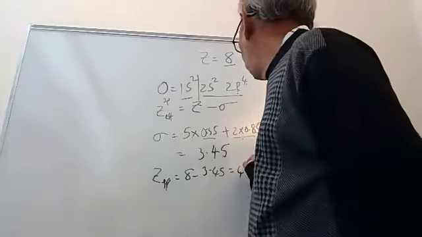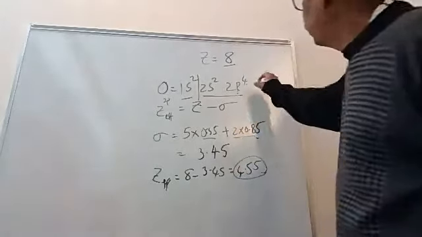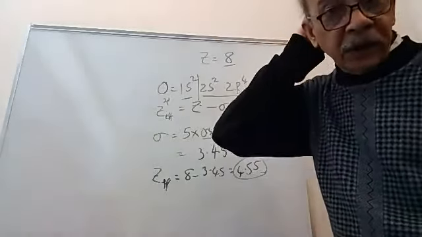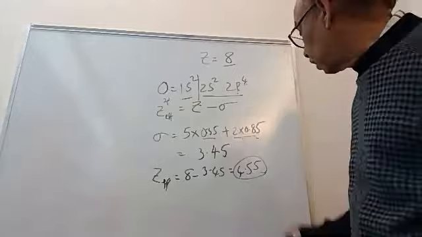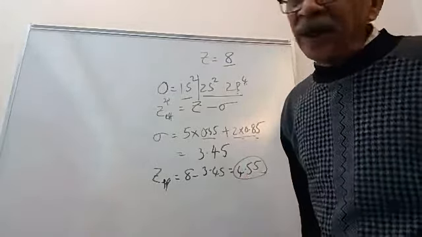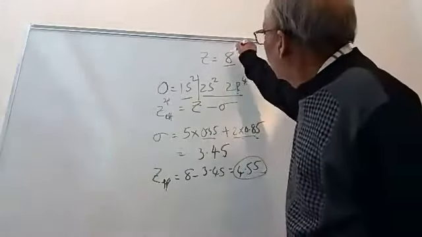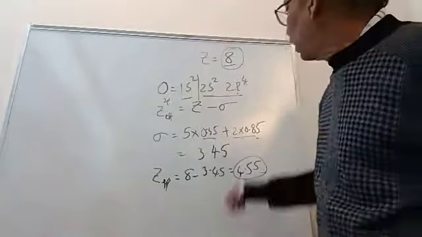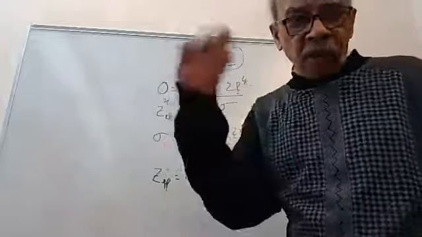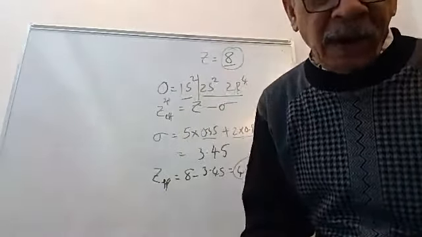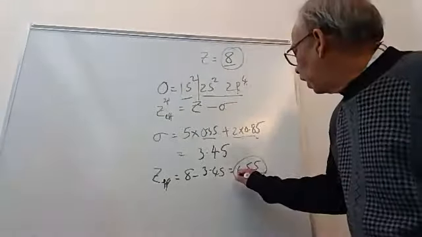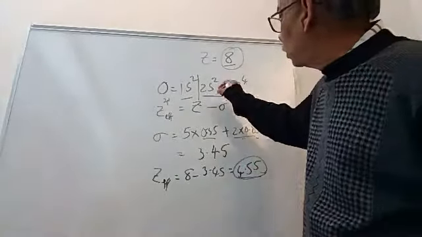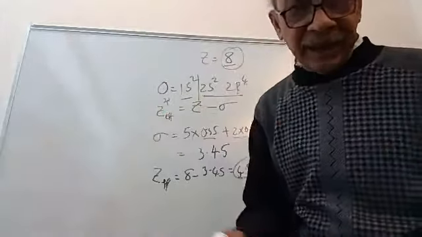So we now know the effective nuclear charge felt by the 2p electron of oxygen in a neutral oxygen atom is 4.55. What does this tell you? It tells you that although you have 8 protons in the nucleus, this electron does not feel the positive charge of all 8 protons. It only feels 4.55. The reason for that, as we talked about, is shielding.